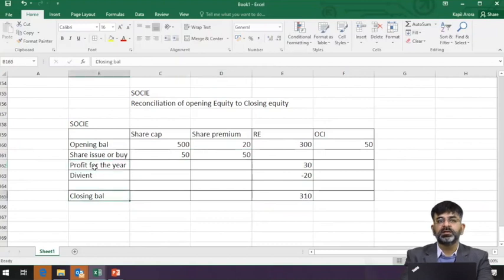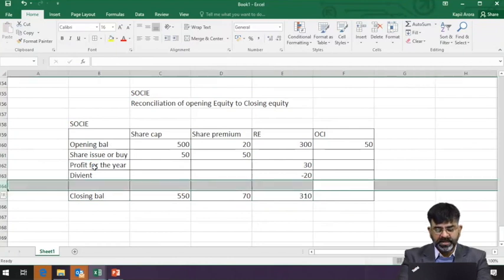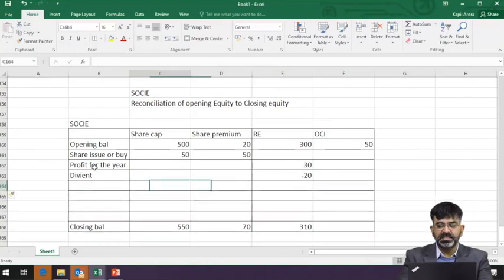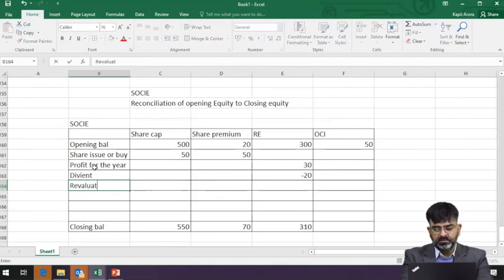So my closing balance of share capital and share premium is 550 and 770. Whereas other comprehensive income, again, right? So maybe any other item which is there, for example, let's say revaluation of property or actuarial gains and losses.